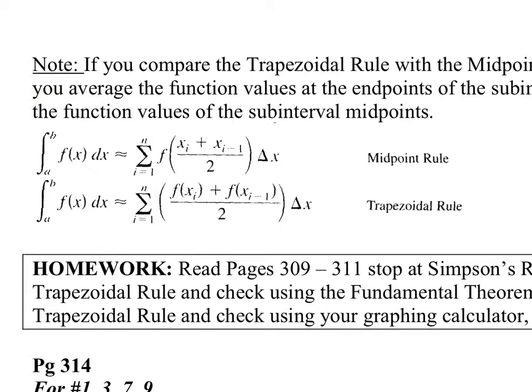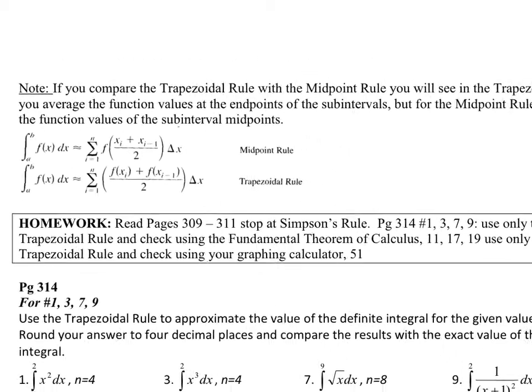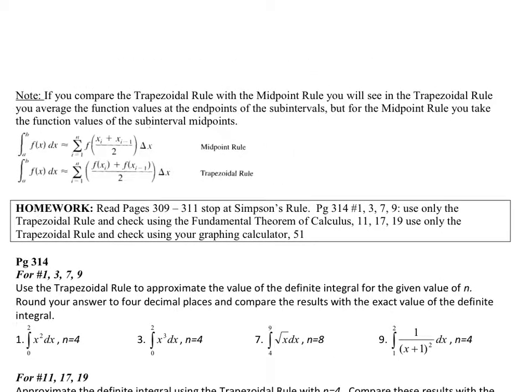One other comment here I'll make. As you work through the homework, some of the problems say to use Simpson's rule. That's something we're not even covering, so you can forget about those. Notice the directions here. For the first couple, you can check your answer using the fundamental theorem of calculus.